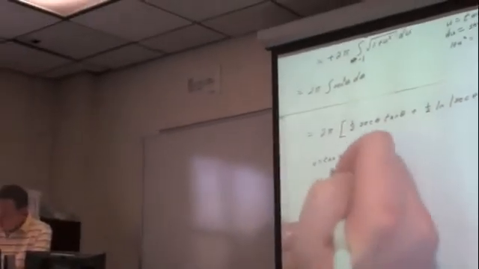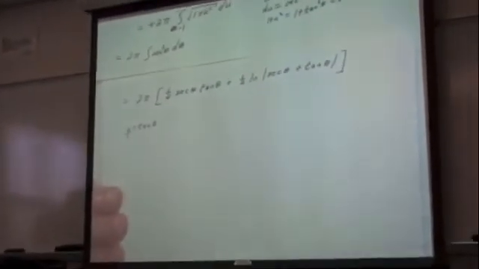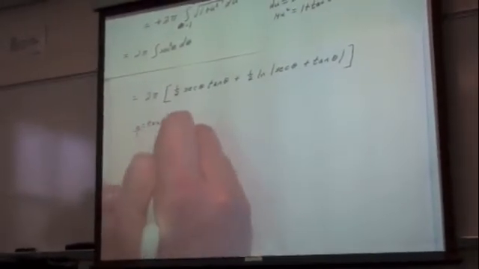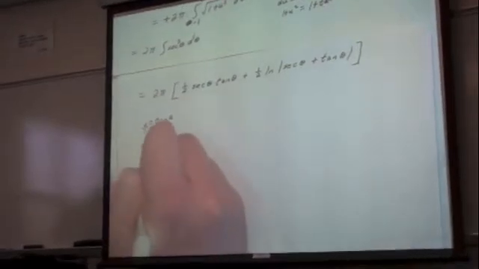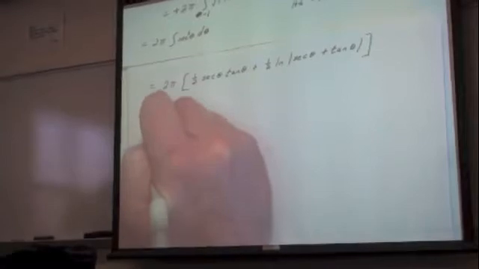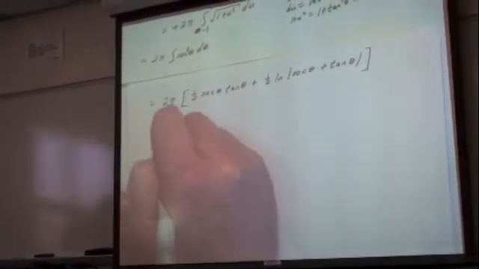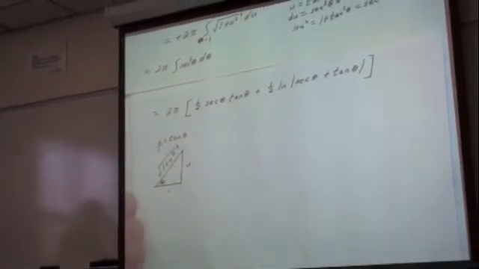So I know that the tangent of theta is U over 1. So I'll say, okay, here's my angle theta. Opposite is U, adjacent is 1. So this hypotenuse is the square root of U squared plus 1 squared, or 1 plus U squared, either way.